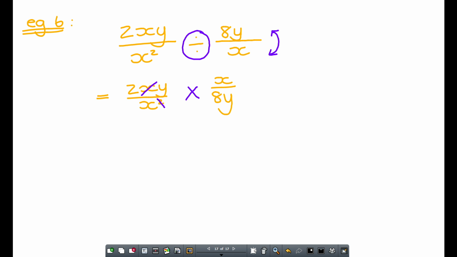Let's do a cross. This y can cancel out with that y. And 2 will go into itself once, and 2 will go in 4 times. And this x can cancel out with that one. Do you see that I've looked at up and down and then across? Okay, cancel out as much as you can.